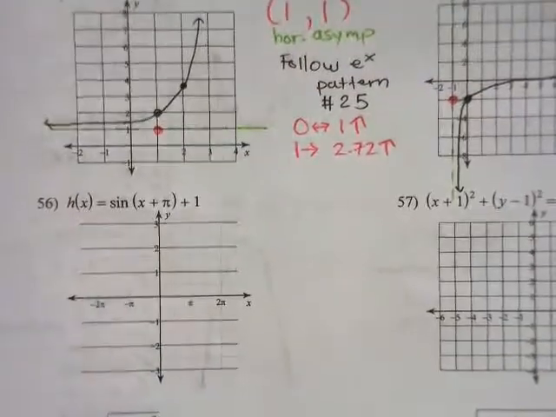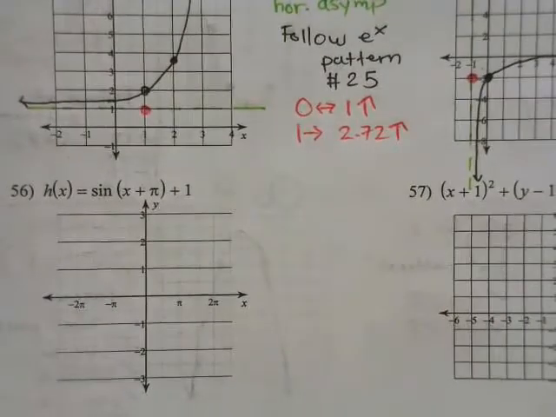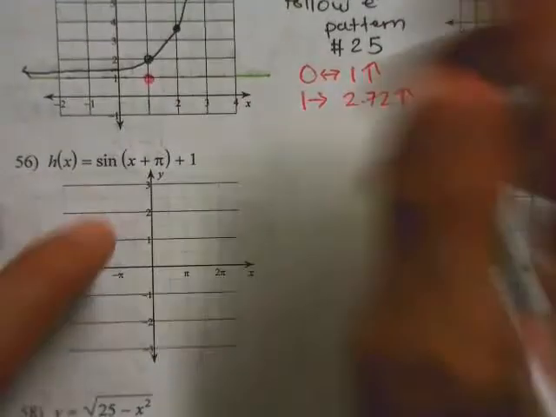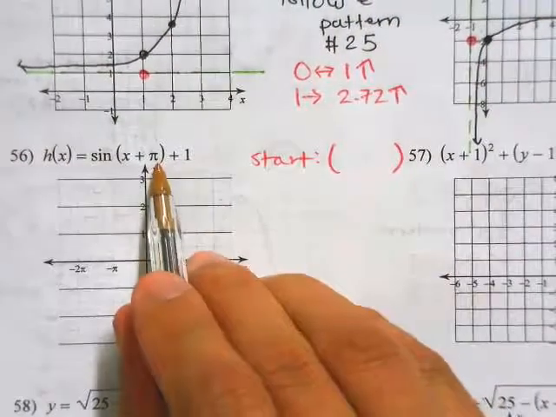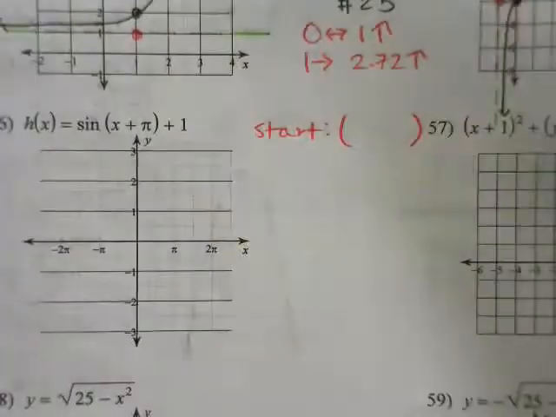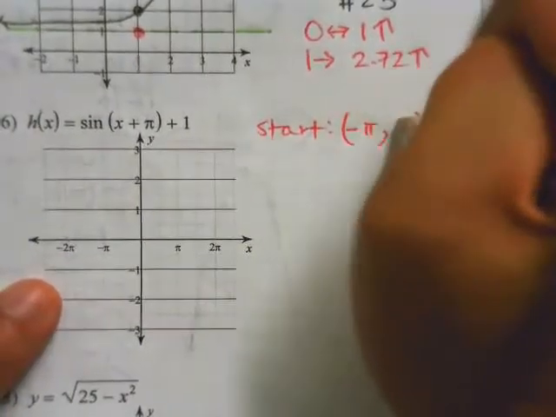I think I should have one, 56. Good, so 56. Even though we are in radian mode here, we are still going to apply the same type of shifting at our starting point. Our starting point, remember, is the opposite of what you see, and then same. So we're going to start at -pi, 1.